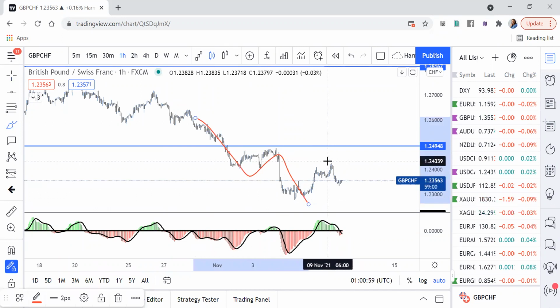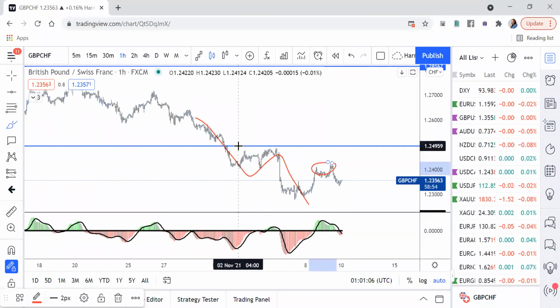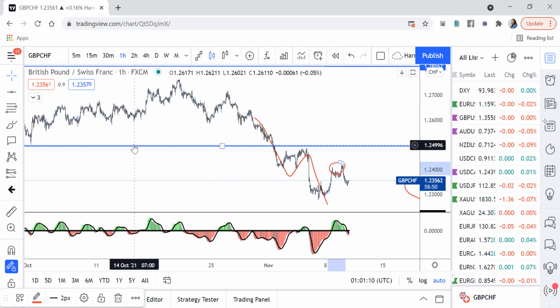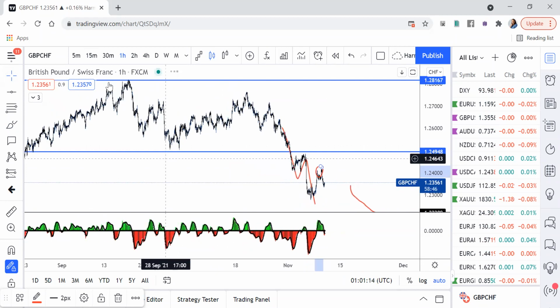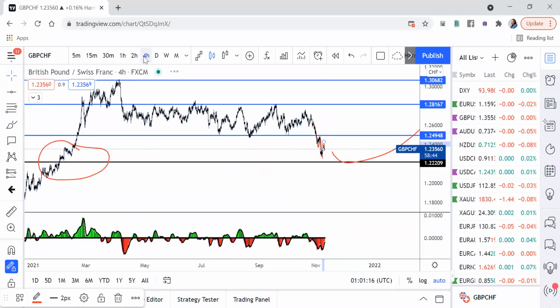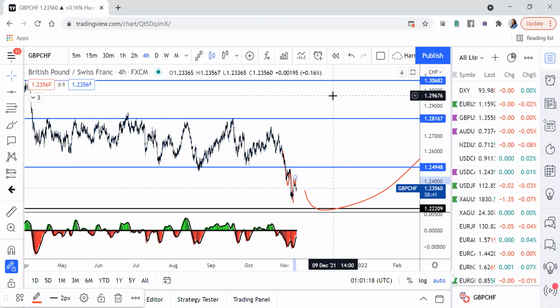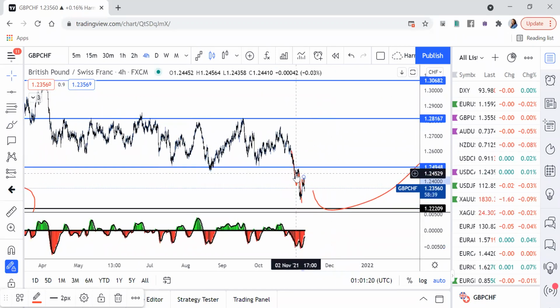So like I said, this was not a bad retest, but we are very, very close to that retest to the upside. Okay. So I would leave it alone for now.